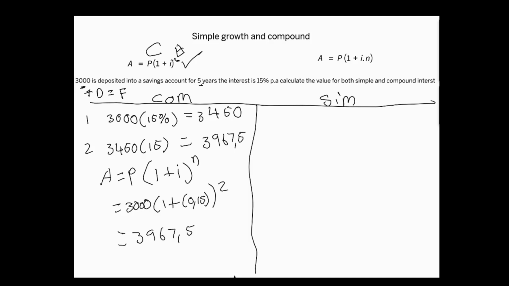Coming to simple interest. How simple interest works is that the initial interest that you get in the first year, you will use that interest and just add it to the principal for all the number of years. So what I'm saying is that 3,000, what is 15% of that? We know it's 450 Rand, right? So in the first year, you're going to have 3,450, right? In the second year, we're just going to add 450.